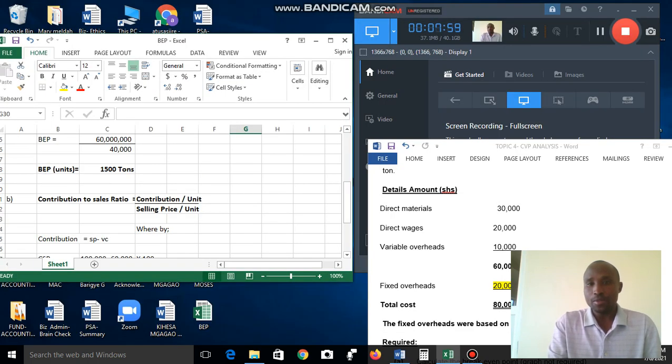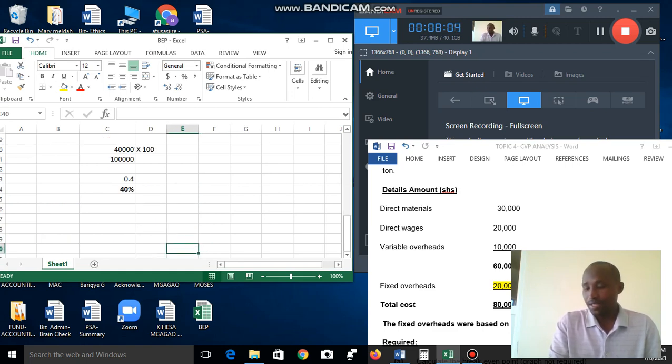This is our contribution ratio. So our contribution ratio is 40%.